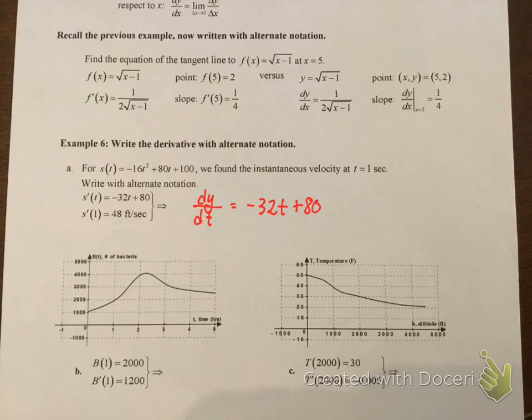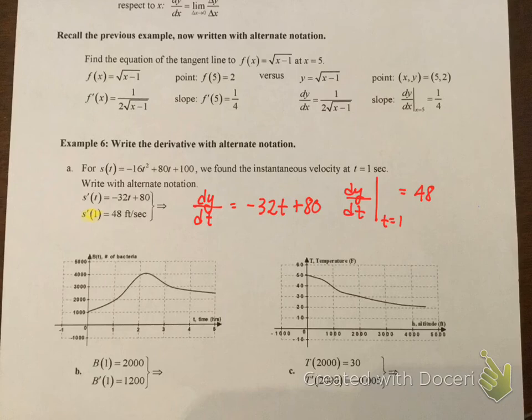And then another notation we could do is dy dt evaluated when t equals 1. Do you notice how it says when t equals 1? It equals 48. Okay? So that's just alternate notation. For part B, we have to rewrite this.